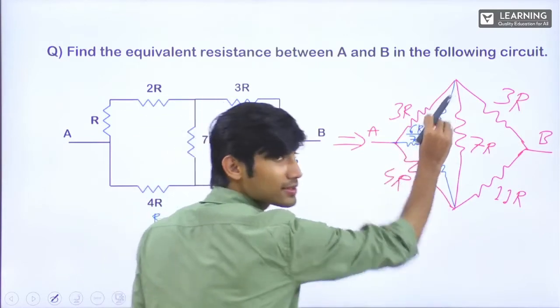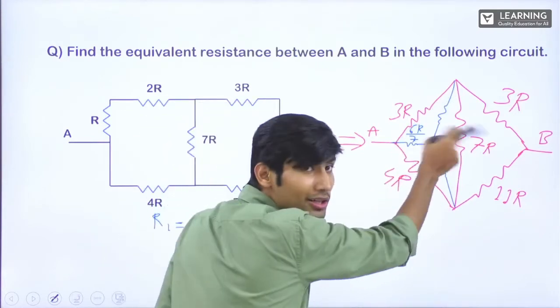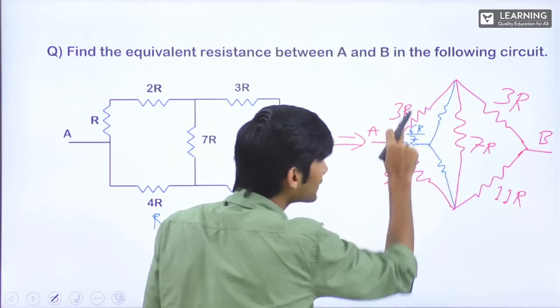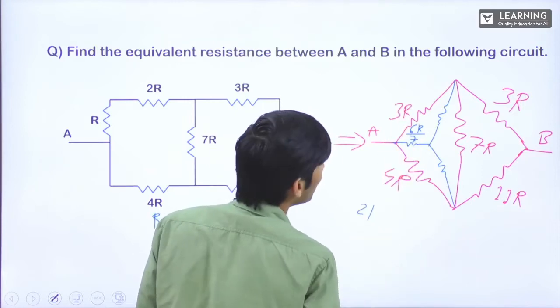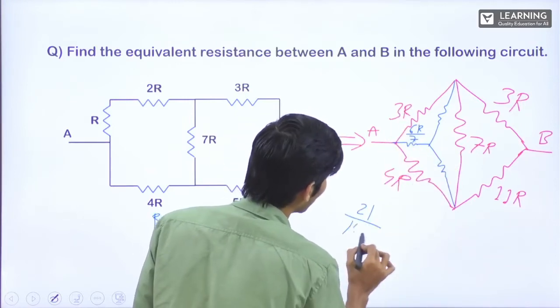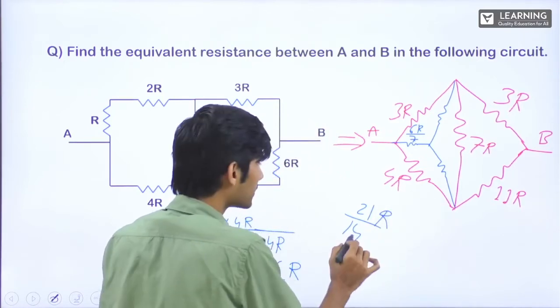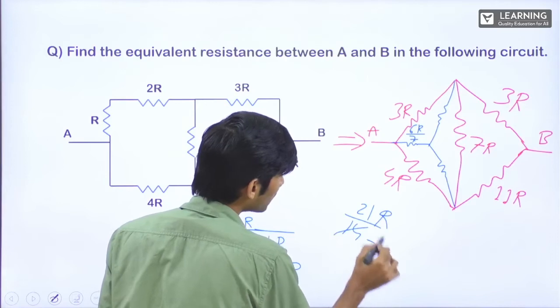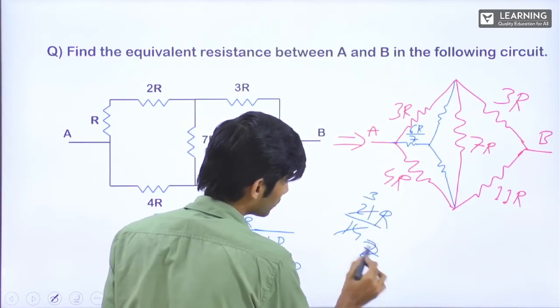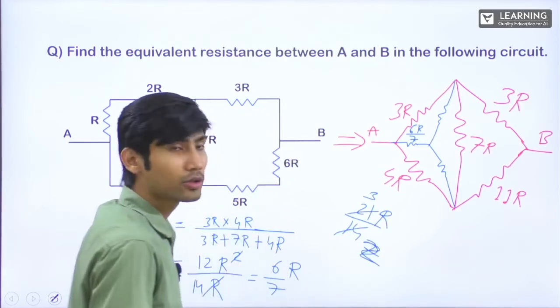Now this resistance, the product of the neighboring divided by the sum, that is 7 3s are 21. 21R square divided by 14R. R will be cancelled. 7 3s are 21, 7 2s are 14. It will be 3 by 2R, correct?